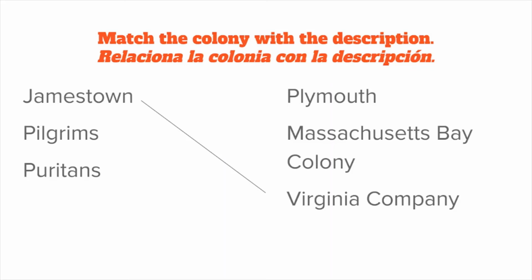Jamestown was created by the Virginia Company. The Pilgrims settled Plymouth, and the Puritans came to the Massachusetts Bay Colony.